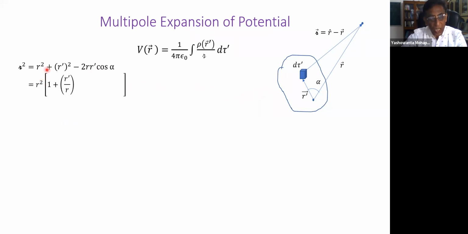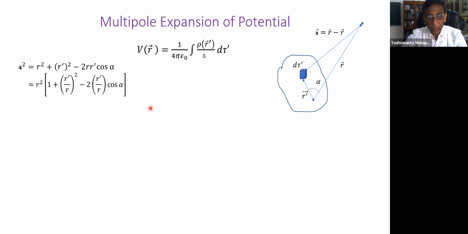I take out r squared common, such that the first term is 1, the second term is r prime by r whole squared, and this is minus 2 r prime by r cos alpha. You can see my intention. My intention is that r prime is a localized distribution, so it is here, whereas r is very far away. So can I express this 1 by curly R in terms of a small quantity that is r prime by r? That's the intention.